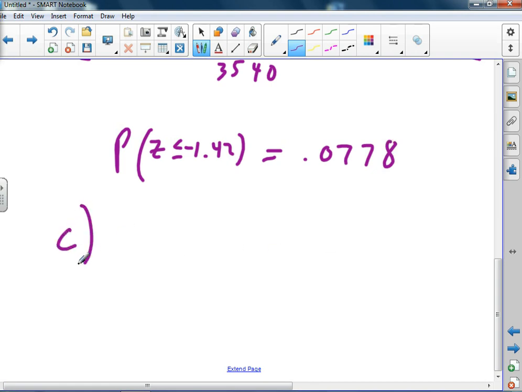Charlie, what is the probability that the debt is between, okay, so we want between 12,000 and 18,000.